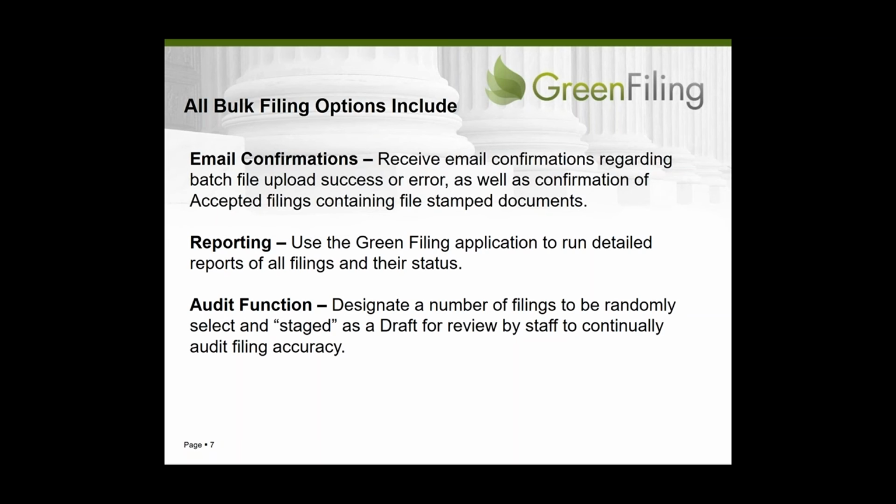There's also a method where you can say, I want a certain number of filings per batch staged so that I can log in and audit them, make sure that things seem to be functioning properly, data is being mapped properly, things like that. So you could set that as a percentage of your total filings automatically go into a staged or an audit feature, and then you can have staff log in, review those filings, and submit them manually.